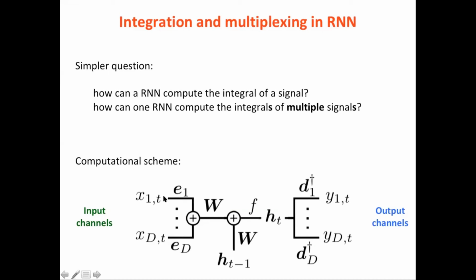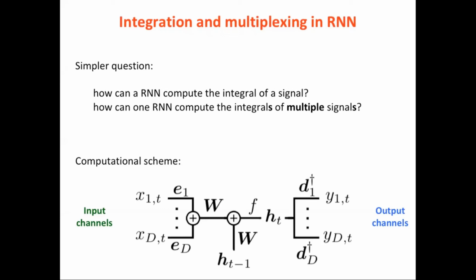This input can be, for instance, +1, -1, 0, whatever, as a function of time. And we have a network of neurons, and the neurons I will call H. So H is an n-dimensional vector of the states of the neurons, and they are connected through some weight matrix W. And what I'm going to do is update the state of my network in the following way.